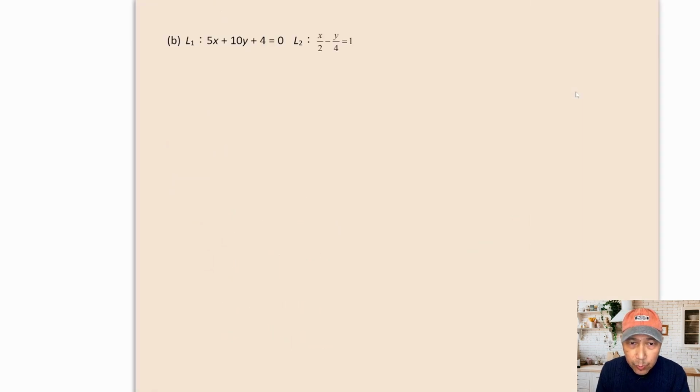In part B, we still use the formula to find their slopes. For line 1, m1 is negative 5 over 10. That is negative 1 over 2. For line 2, we see that a is equal to 1 over 2 and b is equal to negative 1 over 4.